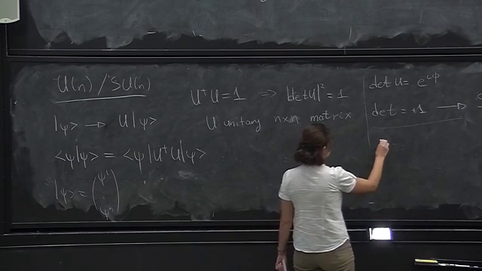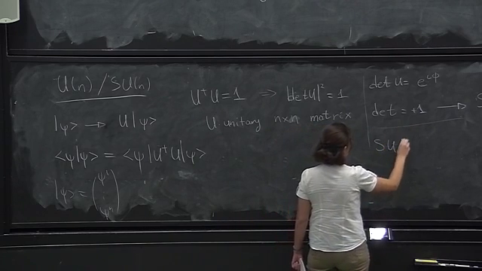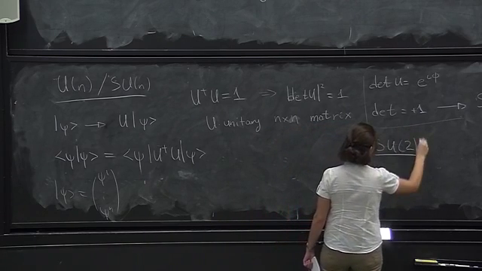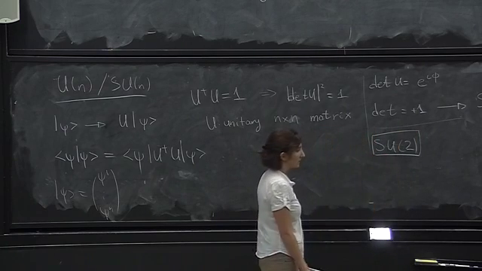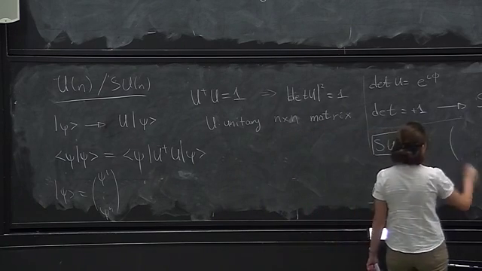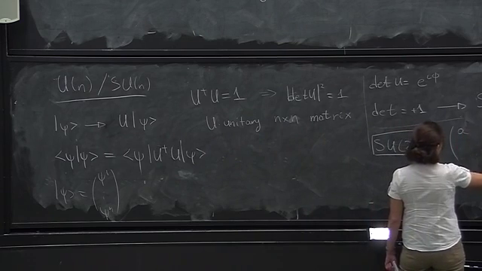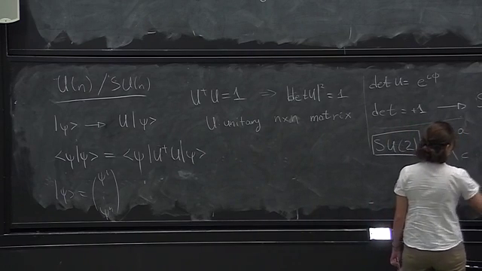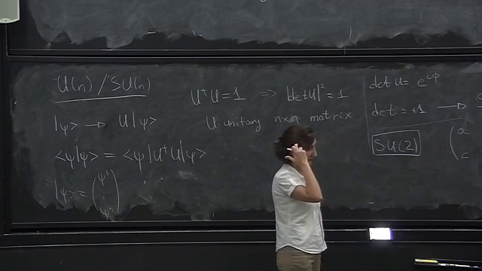Can I write the most general SU2 matrix? This will be a 2 by 2 matrix, and let's assume it will have 4 complex components.